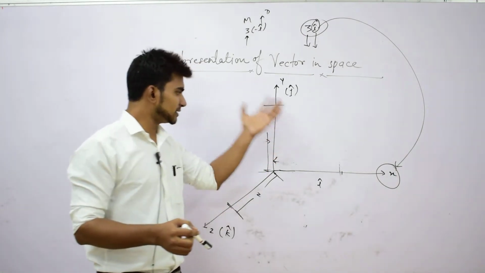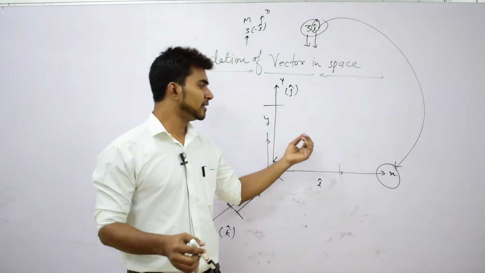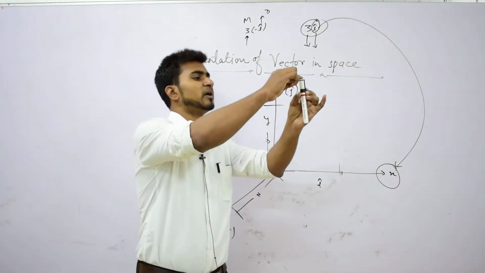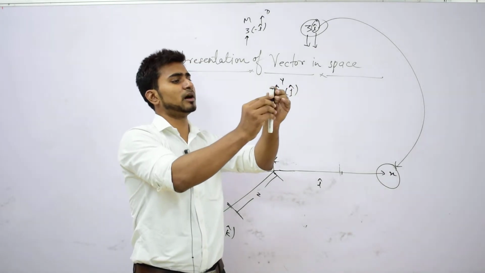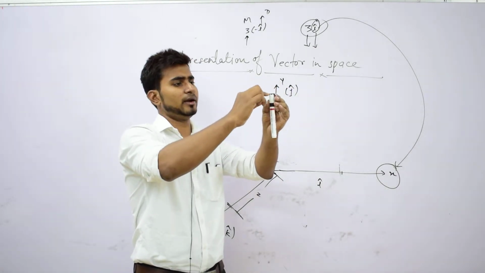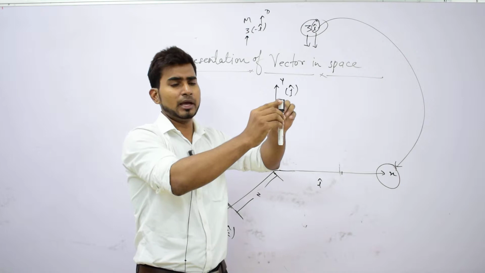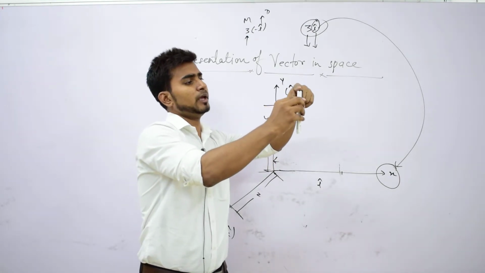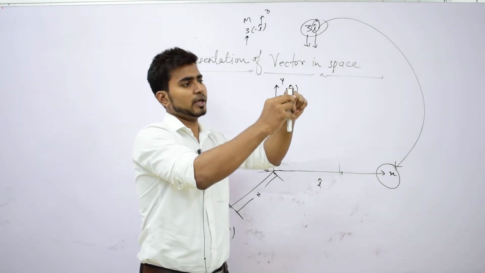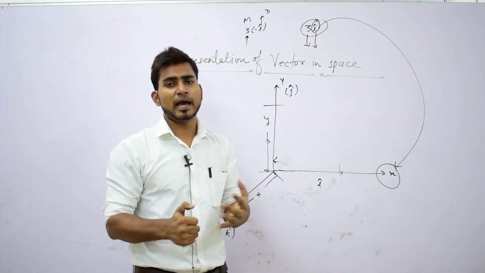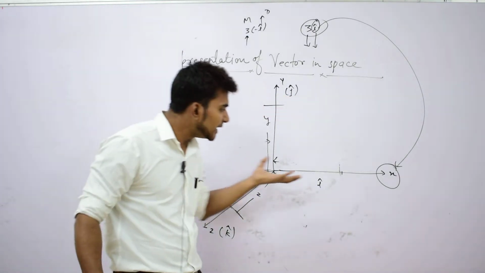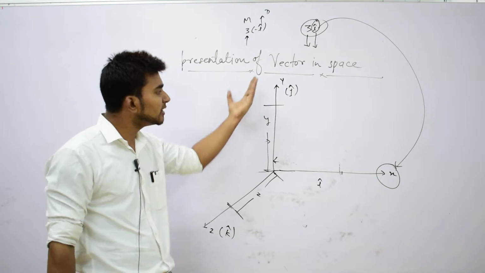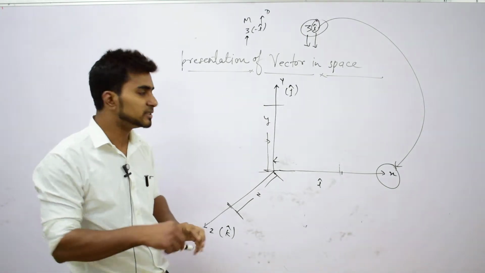Okay, let's suppose this is our coordinate system, and at this particular point, on the tip of this marker there is a point, and I'm assuming this point as P. Let's suppose at this point P, I'm applying some force. It has some component in the X direction, some component in the Y direction, and some component in the Z direction.